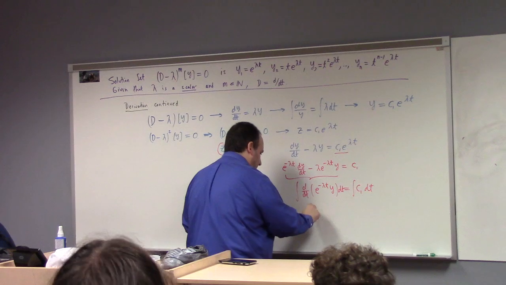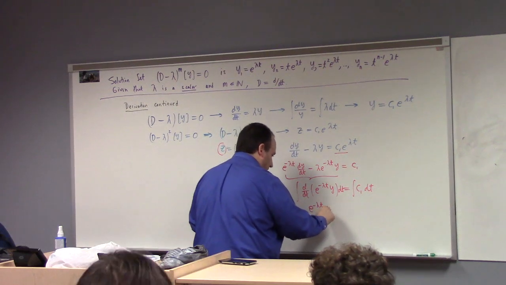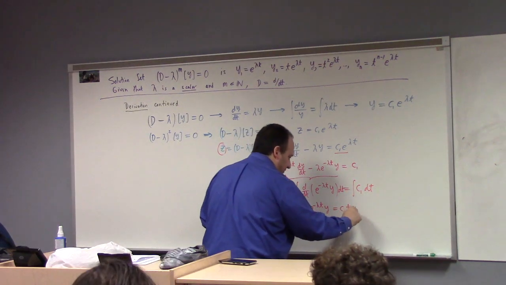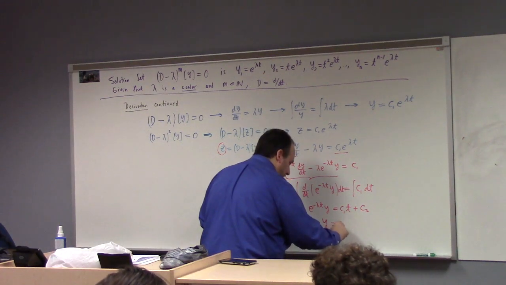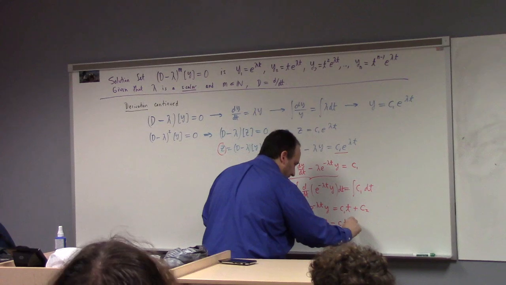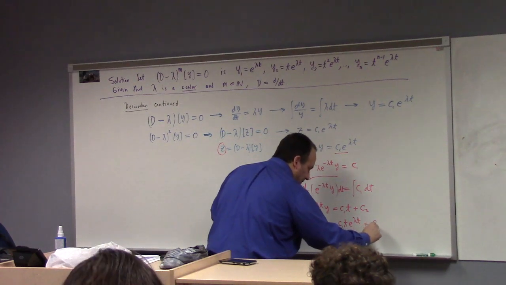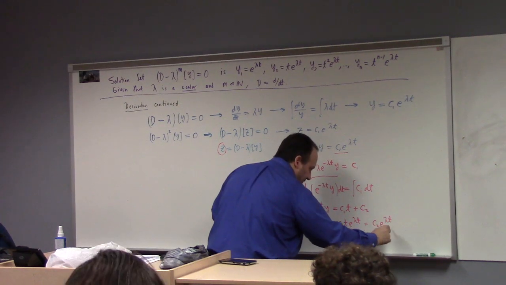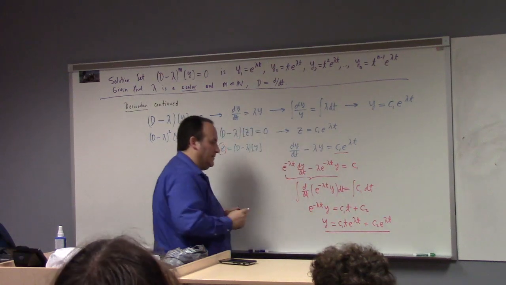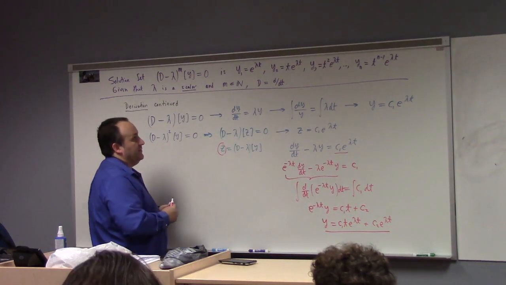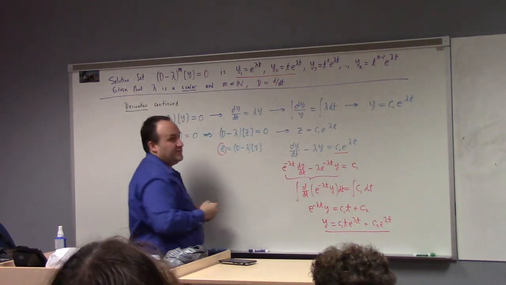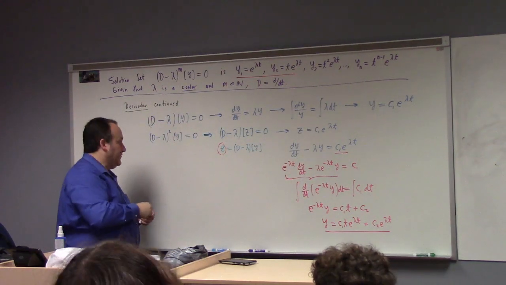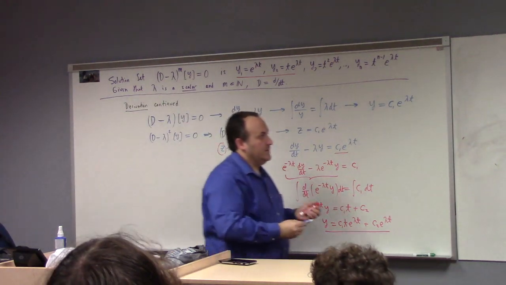And we get e to the minus lambda t y is equal to c1 t plus c2. Now I did all this last time, but I'm going through it again. So y is t e to the lambda t plus c2 e to the lambda t, right? So there we go. We derived the m equals 2 case. So now we've seen that we get these two, right? I've derived those. And we can derive the third one in the same way.